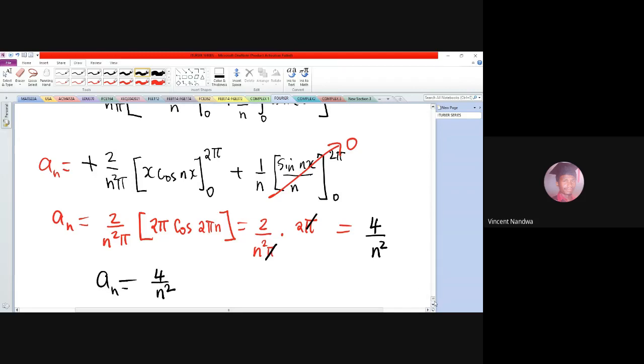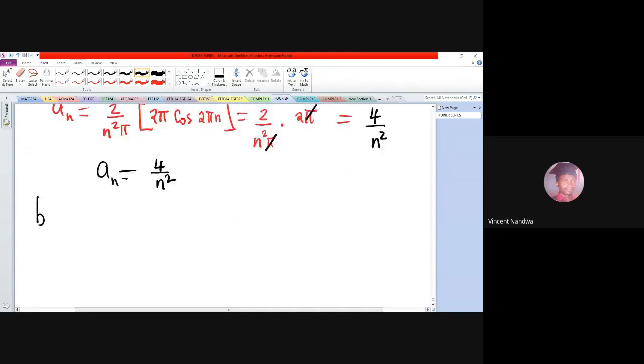And then lastly, bn will be given by 1 over pi, integral from 0 to 2 pi of x squared sine of nx dx. So also you use integration by parts twice.